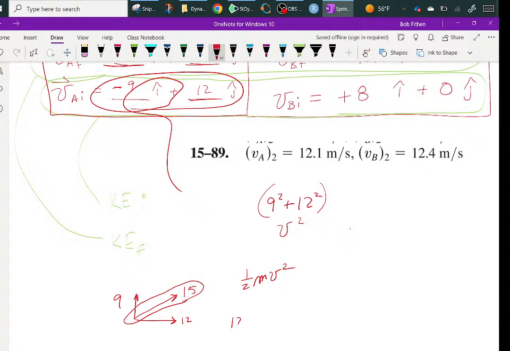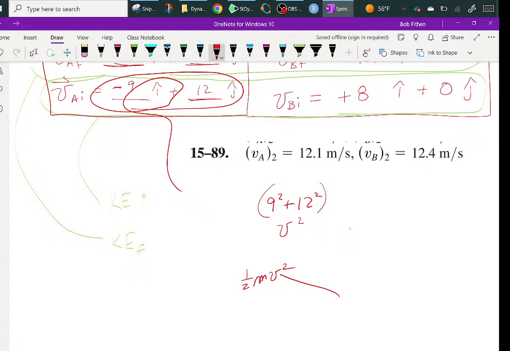And since you have that square root of the sum of the squares, that would be the same thing as 15 squared square root. But if I'm going to square that and put it right here, then I'm going to end up with that. And so, in fact, that's what I get for the initial v squared.